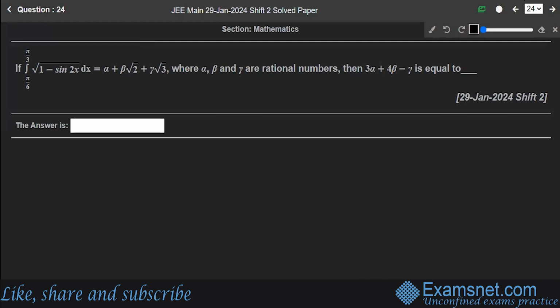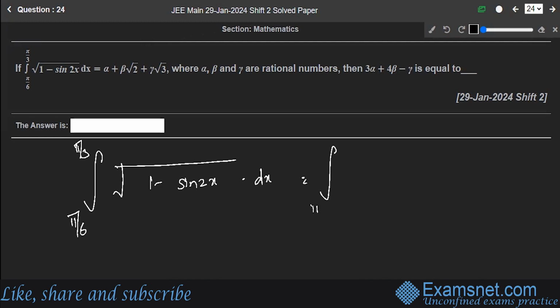Question number 24, this is an integral problem. The integral with limits pi by 6 to pi by 3 of root of 1 minus sine 2x is equal to this, where alpha, beta and gamma are rational numbers, and you have to find out the value of this expression. So you have the integral from pi by 6 to pi by 3 of root of 1 minus sine 2x dx.